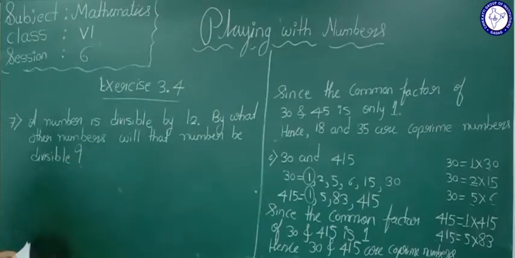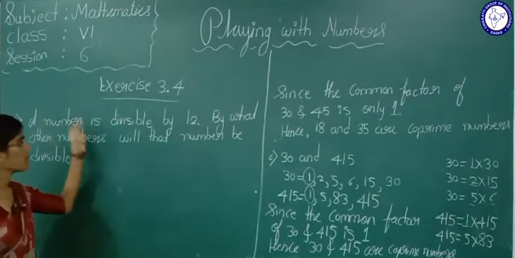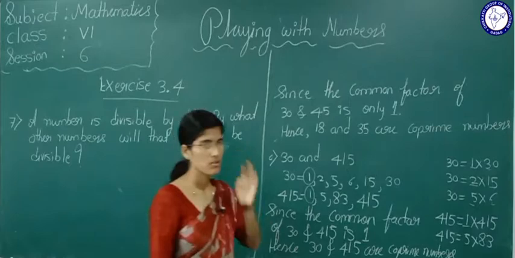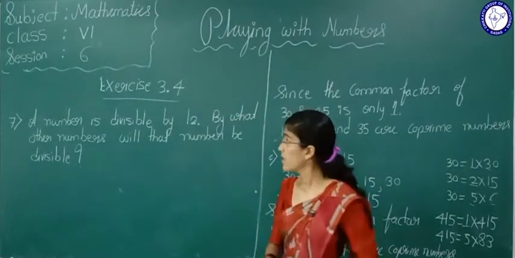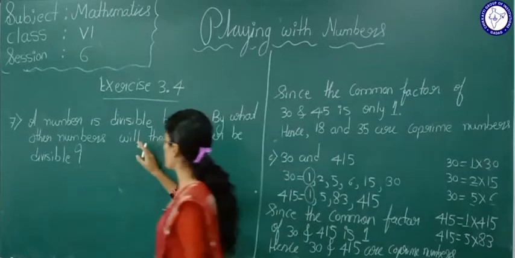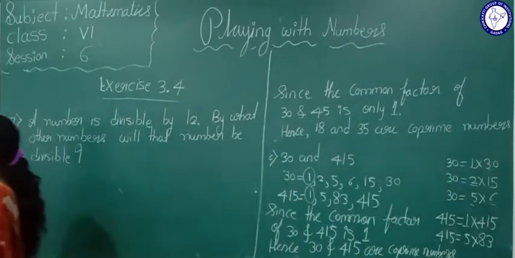Now see here, the question tells us that a number is divisible by 12. One number is there, that number is divisible by 12. Say, by what other numbers will that number be divisible?